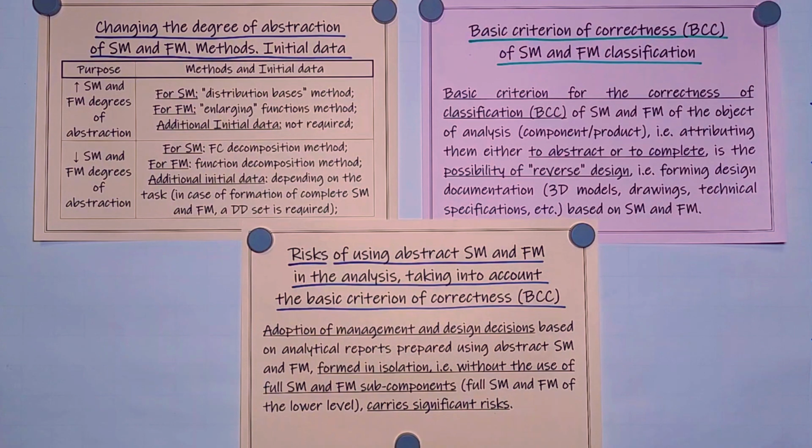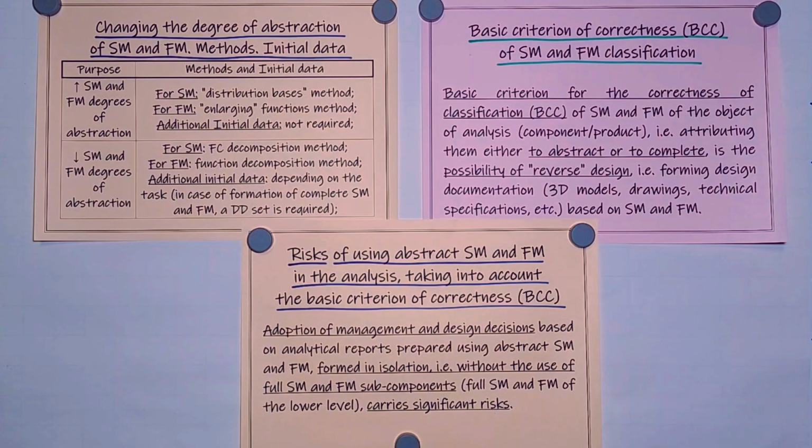Separately, it should be noted that the use, in the process of making managerial design decisions, of analytical reports prepared using abstract structural and functional models formed in isolation, i.e., without the use of complete structural and functional models at the lower level as subcomponents, carries significant risks, since these analytical reports most likely do not reflect the actual state of things.